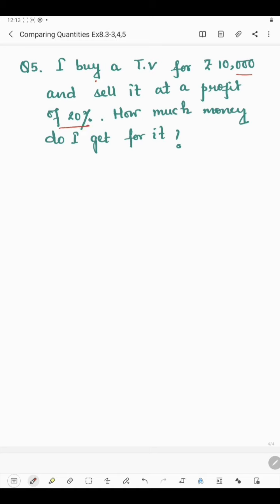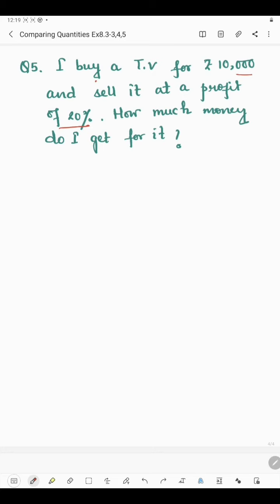Now on selling the TV I made a profit of 20%. So 20% is the profit percentage, and we have to find the money that I get after selling the product. Now see, the product was bought for rupees 10,000 and it was sold at a profit of 20%.